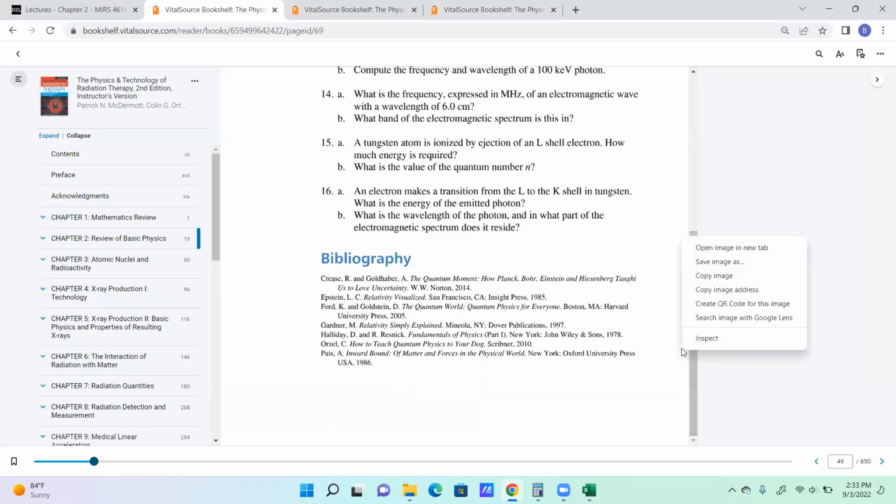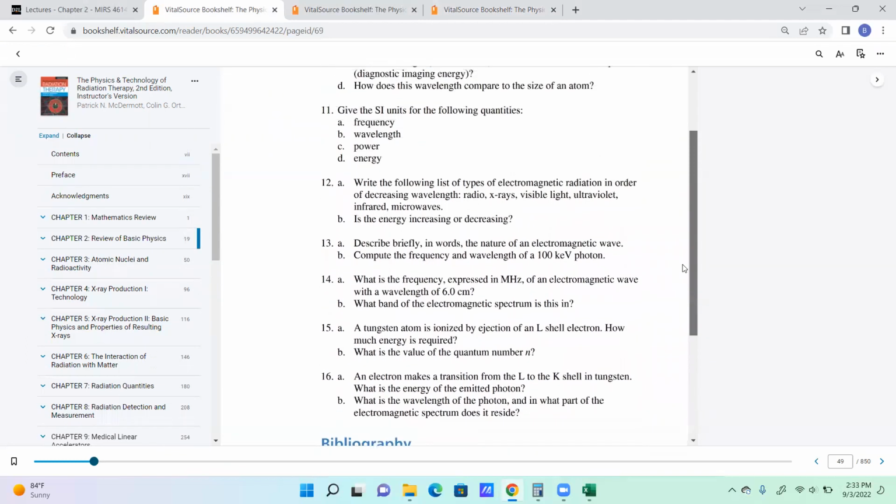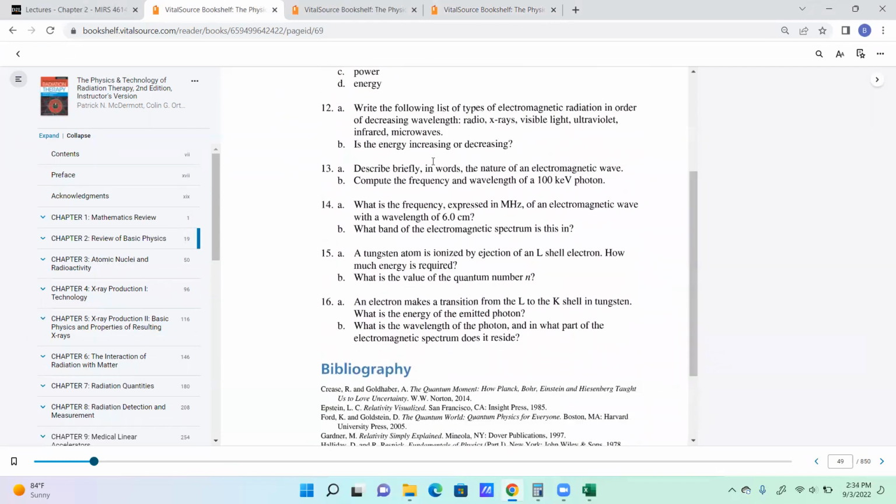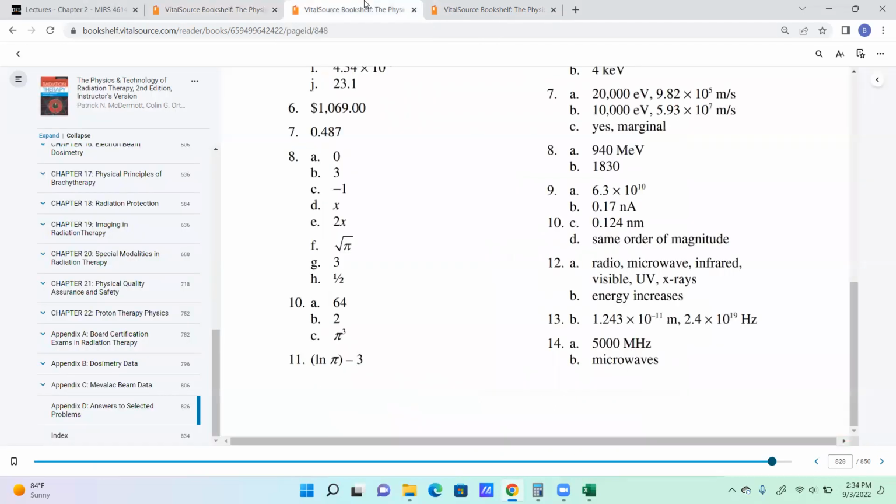For problem 12, write the following list of types of electromagnetic radiation in order of decreasing wavelength. If you go here to 12, you can see this. This also matches up.